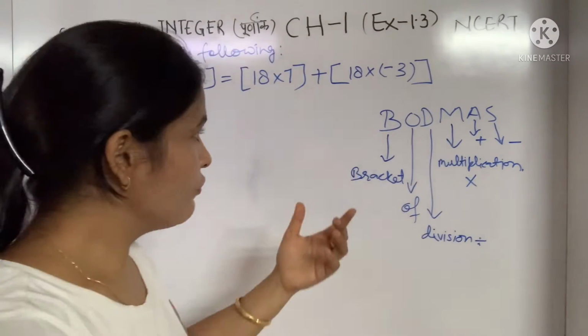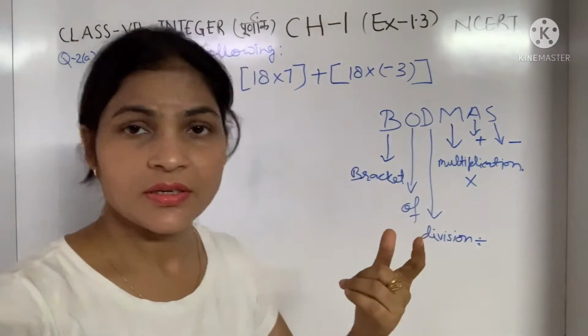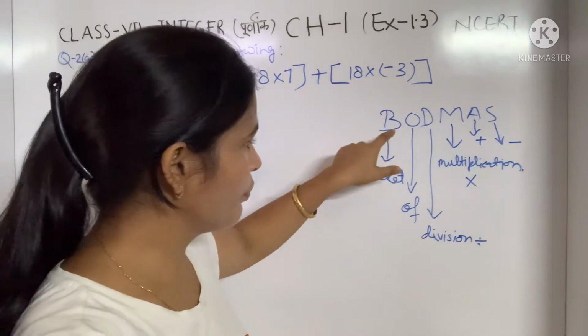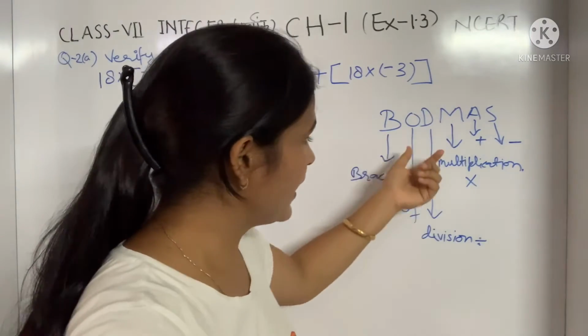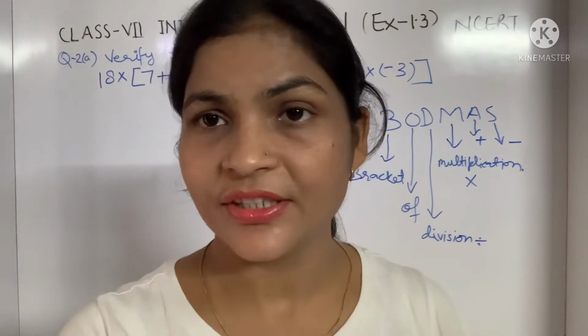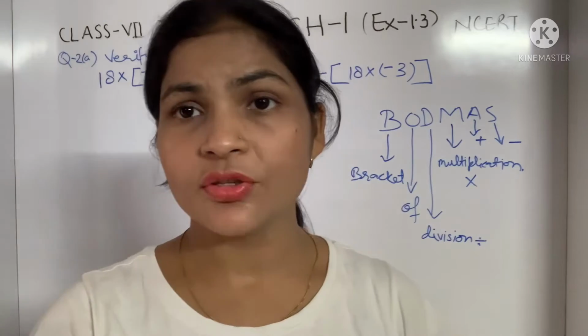So first we solve the bracket. After that we solve the of sign, then division, then multiplication, after that addition and subtraction. This is the basics of BODMAS.